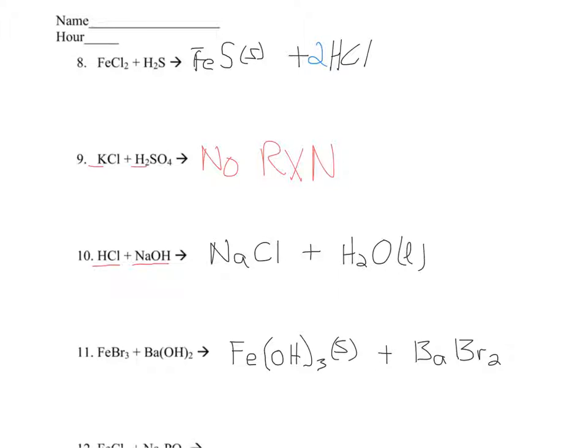So we need to balance this out. I have 2 hydroxides, gives me 3 and 2 and 3. And so my balancing of my chemical reactions goes through that whole process of each one going in its balance.